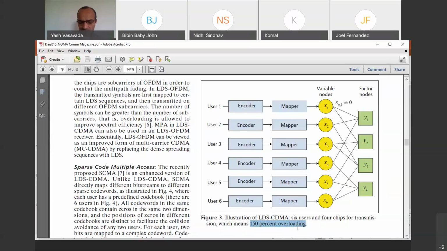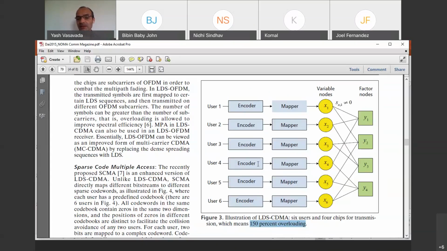In your Lab 4, you would have seen that if you start approaching anywhere close to 100% loading, then the performance deteriorates for most of the interference cancellation schemes. I mean, for SUMF, you just forget about it. You can't approach anywhere close to 100% for SUMF.